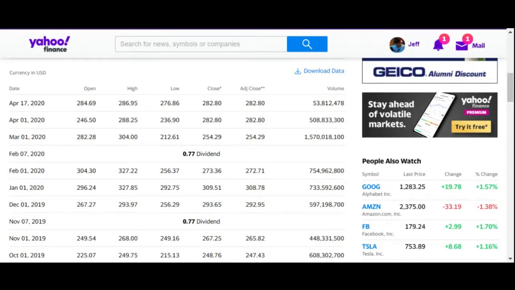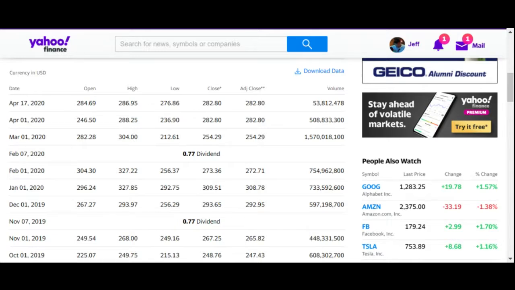So first I'm going to put a label. I'm going to bold, underline and center the labels.